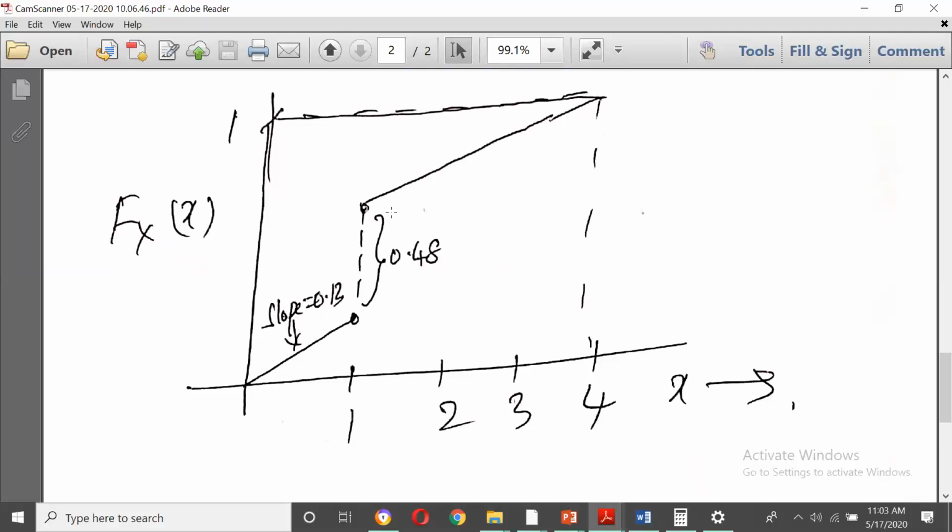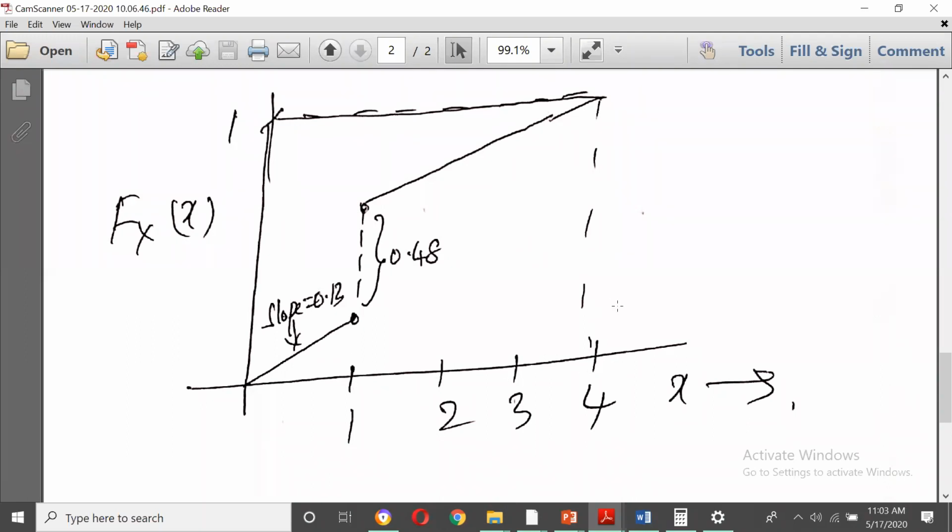The same, with the value 0.48. So naturally, if this is 0.13, this quantity will also be 0.13. So this will be 0.48 plus 0.13. That will give us 0.61, right? 0.61.